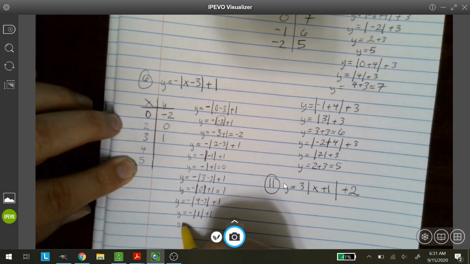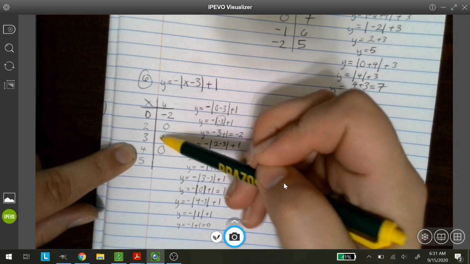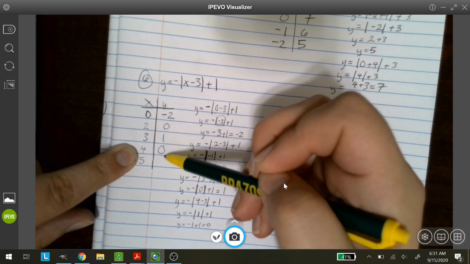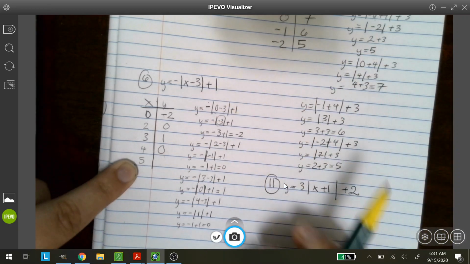That's going to be a -1 plus 1, which is 0. Look how it's reflecting. I bet you this one's going to be -2. Let's find out.